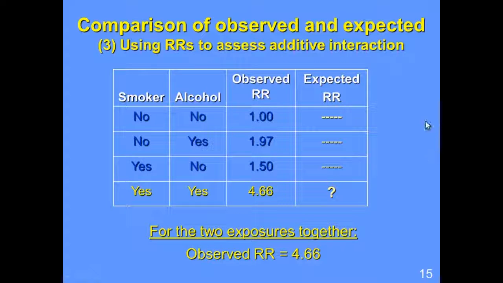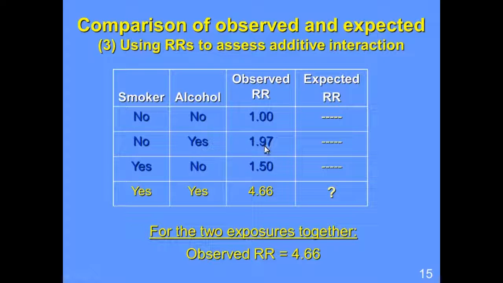The third method, which is less intuitive, is to compare the observed and expected using relative risks, which of course are on a multiplicative scale, to assess additive interaction or additive effect modification. So again, we set out the data, and again we have the same observed value. So how do we get the expected value for this combined effect?